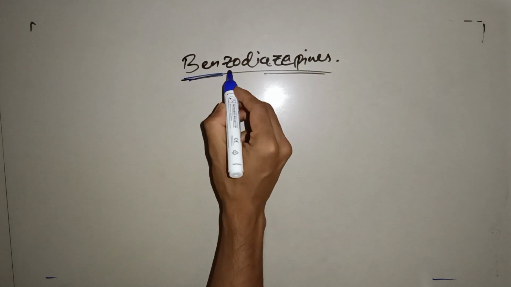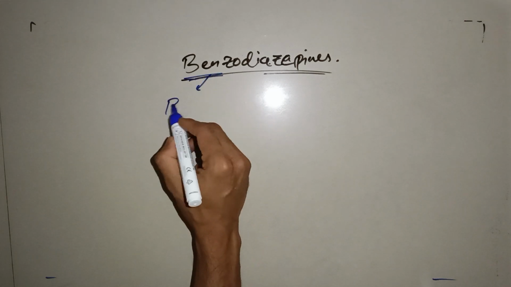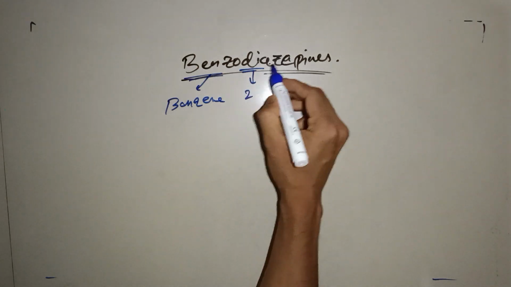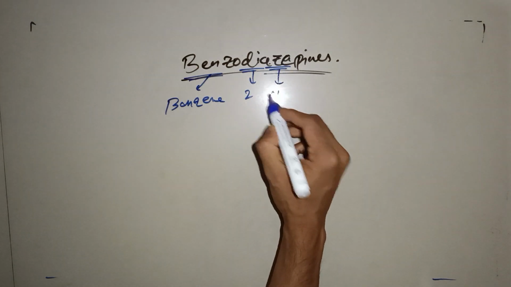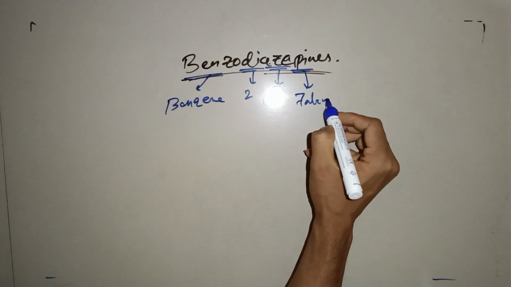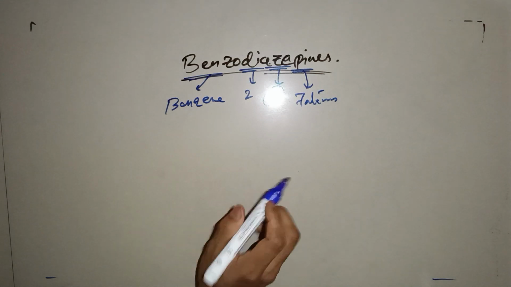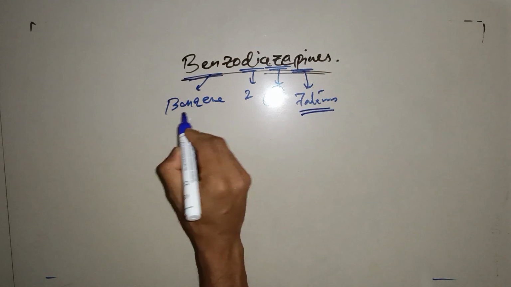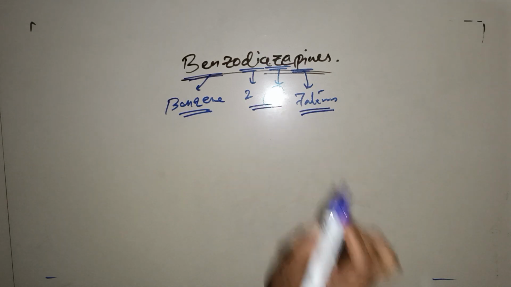Benzo means benzene, di means 2, aza means nitrogen atom, and ep means 7 atoms. So what does benzodiazepine consist of? It consists of a 7-atom ring, a benzene ring, and 2 nitrogens present in the 7-atom ring.